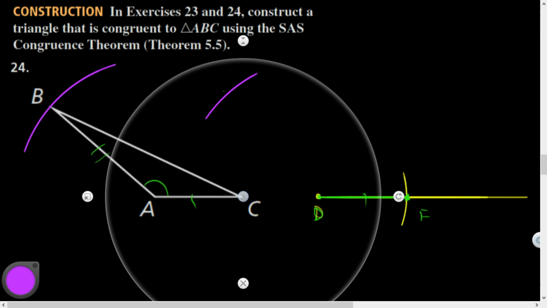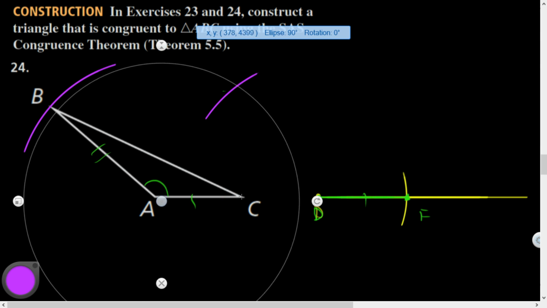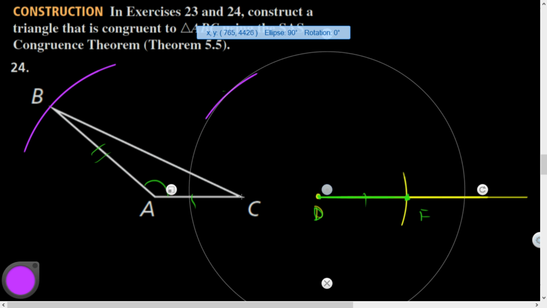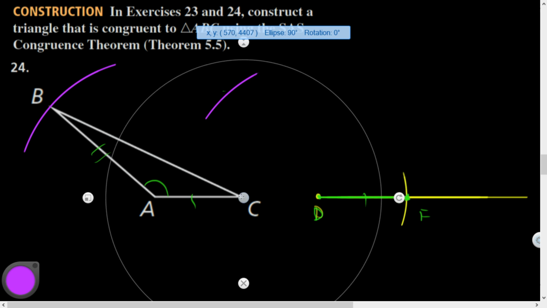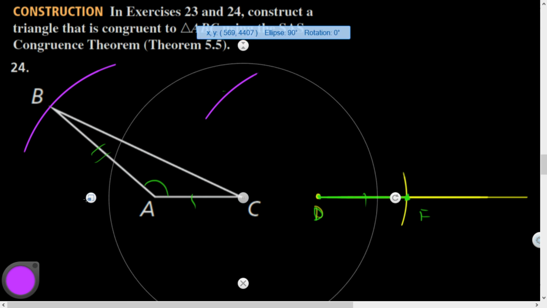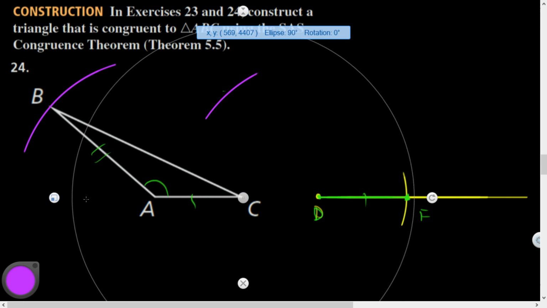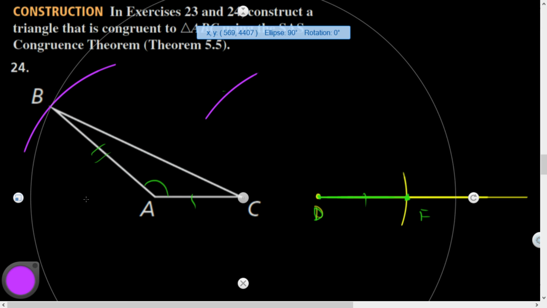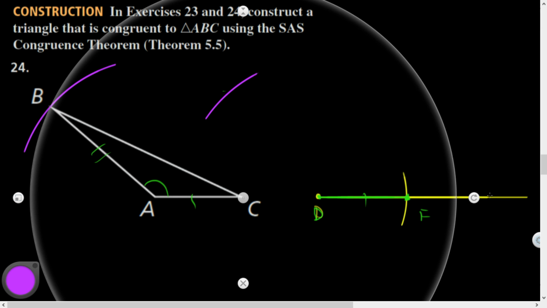Actually, I think I've got an idea. Look at this. This purple arc is currently of length AB. If I go to point C and expand up to measuring... that's not constructing an angle. I'm doing side, side, side there.